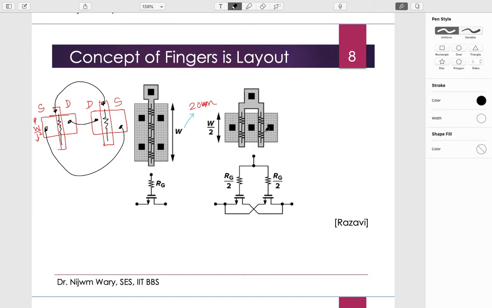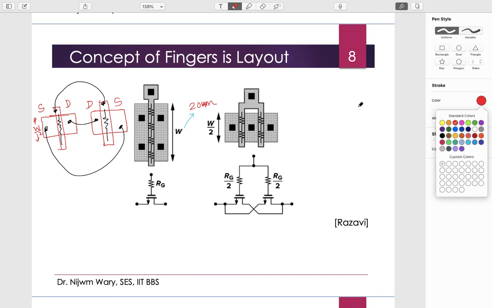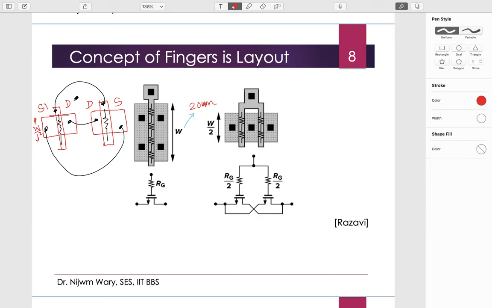This is the same one here, where the drains of these two transistors are getting clubbed. If I name them differently, this is source 1, drain 1, gate 1, drain 2, source 2, and gate 2.